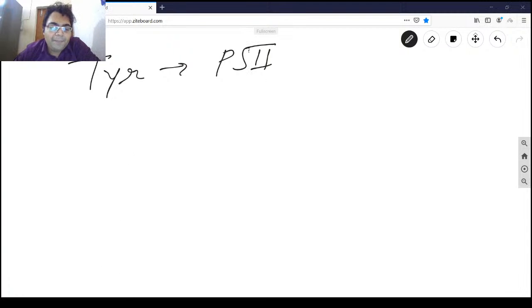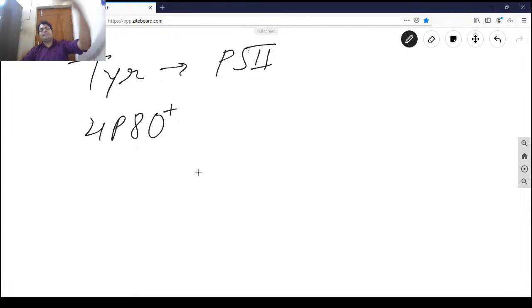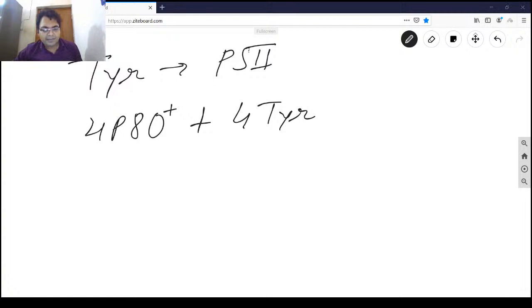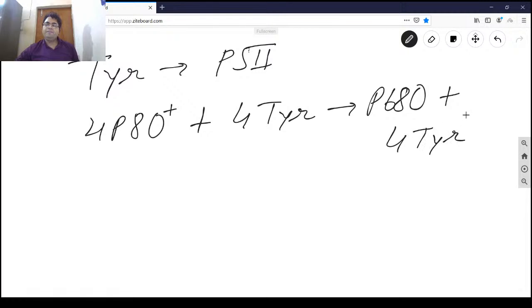What happens is, when 4 atoms of P680 have been ionized, 4 atoms have become P680 cation radical. To this, 4 tyrosine amino acids will react. Each tyrosine amino acid will provide its electron, P680 becomes normal, and the tyrosine becomes a free radical.